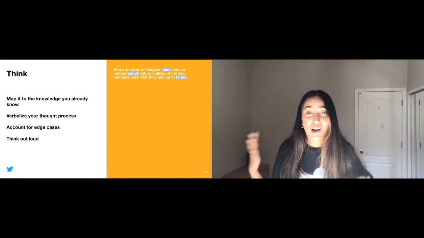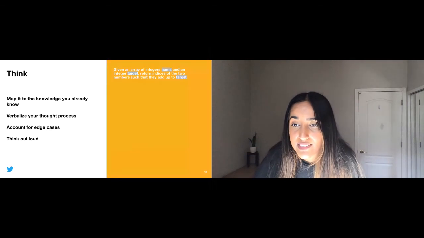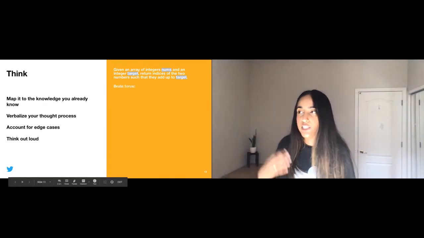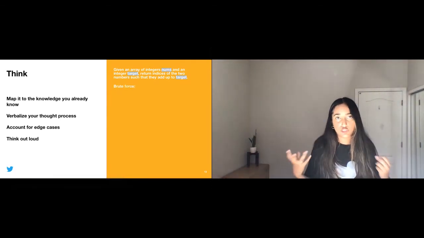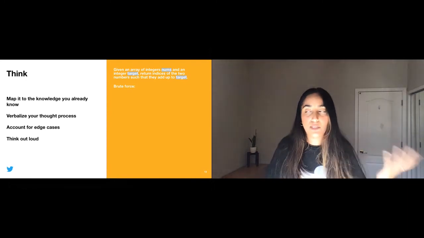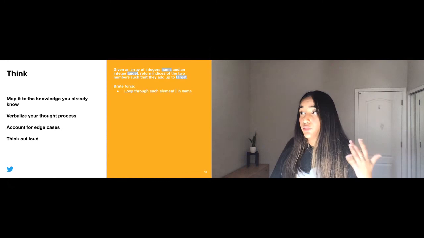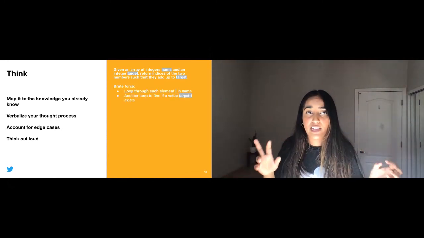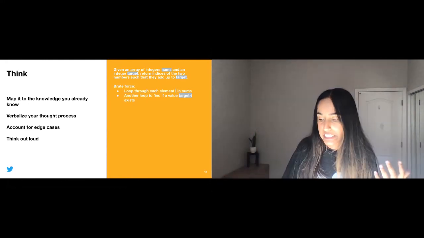So I definitely walk through the different scenarios and the trade-offs that you're thinking about. The first one I'd explain to the interviewer is that I'm thinking about the brute force solution. So I was thinking that maybe we could loop through each element in nums, and then we have another loop that finds if a value of target minus that value exists.